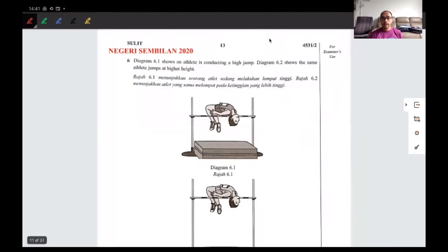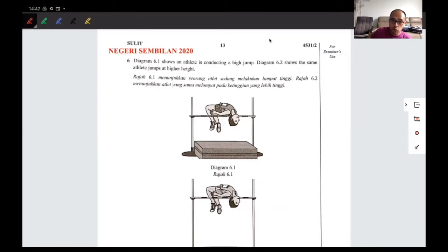Okay, another question, and since we've already started talking about this, we need to start talking about impulsive force and impulse, because this seems to be another very popular subtopic in forces and motion. Diagram 6.1 shows an athlete conducting a high jump.